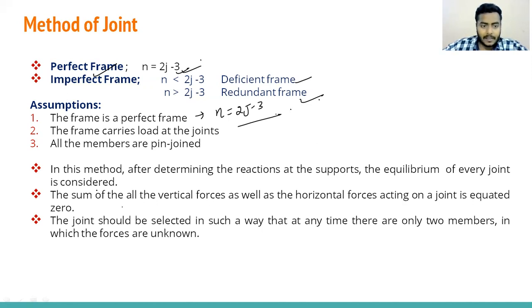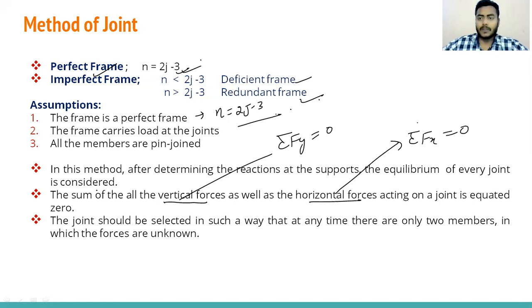For example, we will take the summation of all forces in the vertical direction to be 0, and the summation of all forces in the horizontal direction to be 0. So we will get these two equations, and by using these two equations only, we can solve for two unknown forces, right? That's why we have to make sure that at a joint, a maximum of 2 unknown forces should be there.